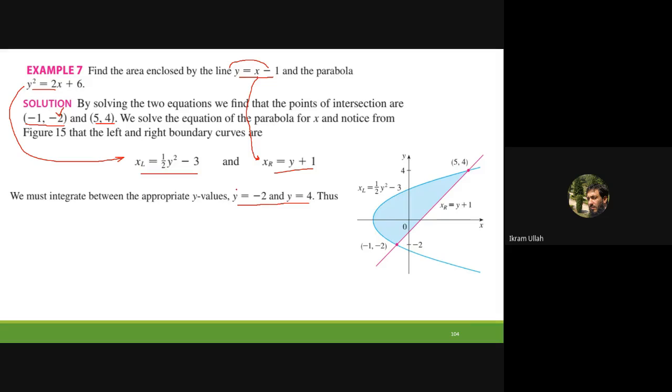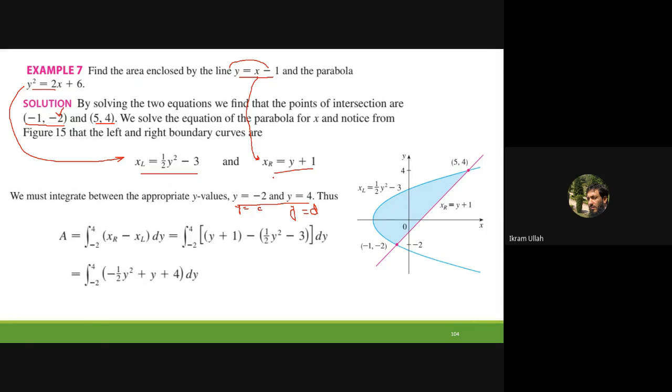So c is equal to minus 2 and d is equal to 4.